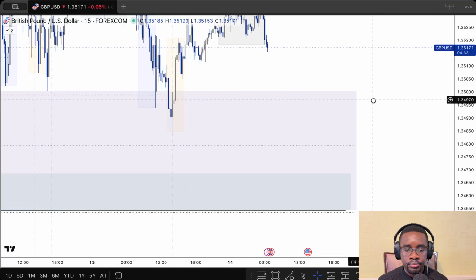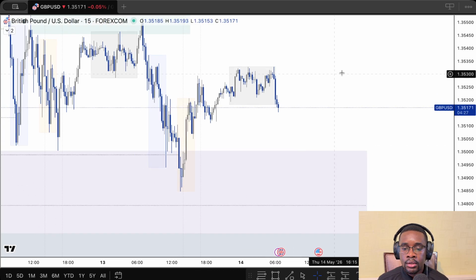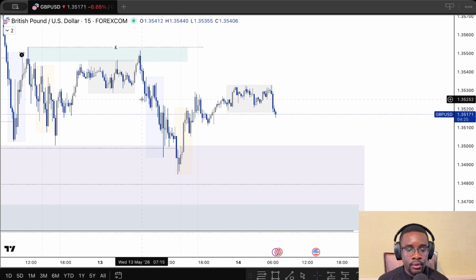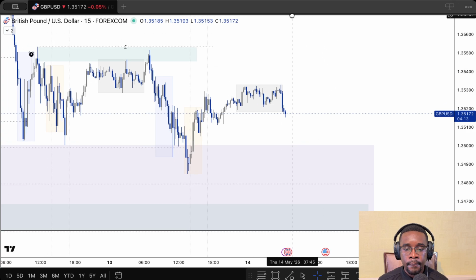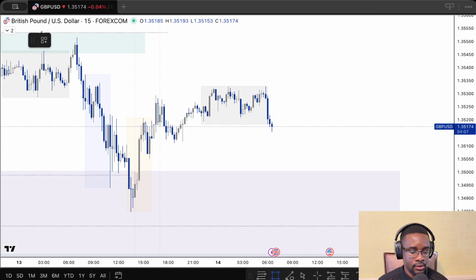And then what do we have? So price has come into the area and then pushed up. Let's see. So price has come into the decisional. Okay, price has come into the decisional, and the decisional has held.